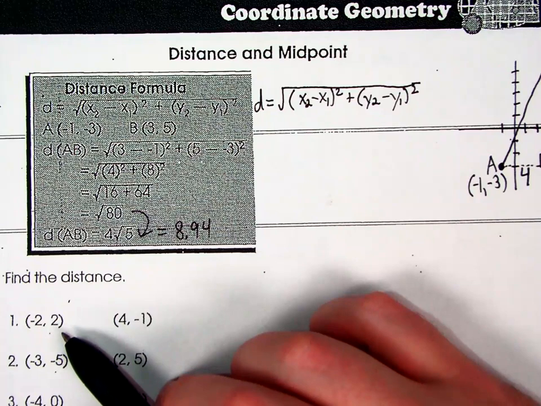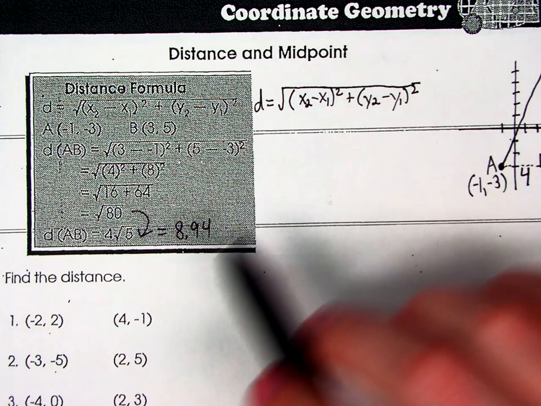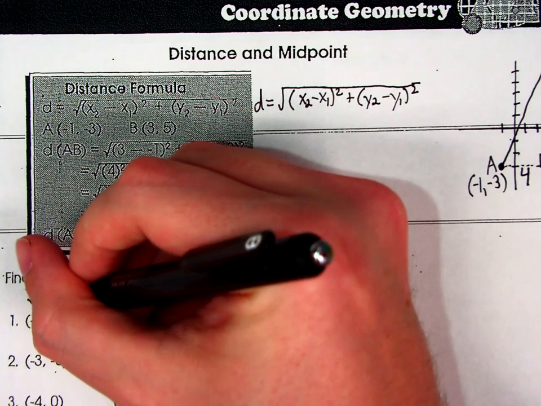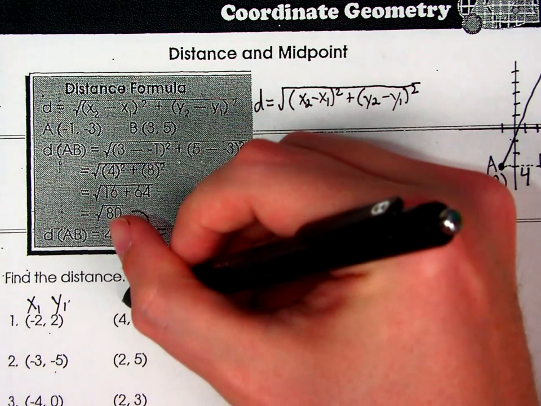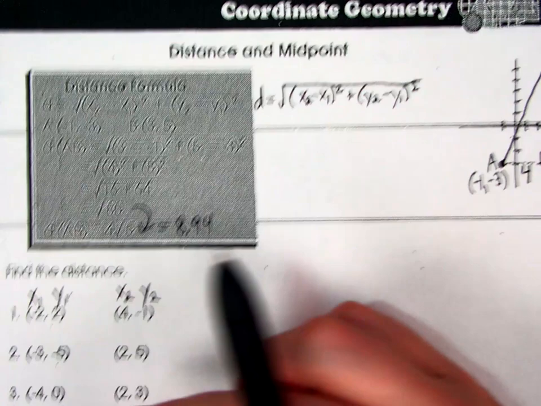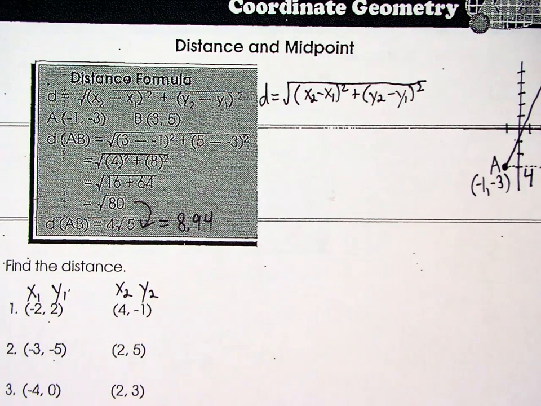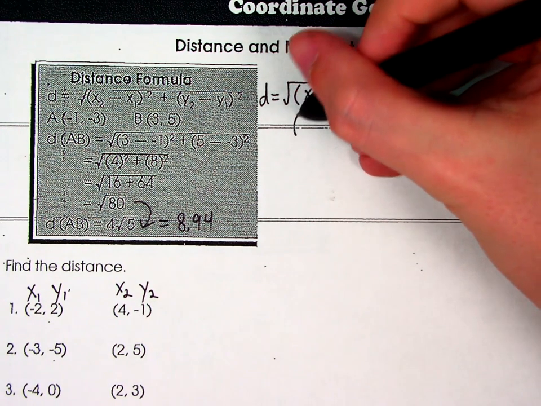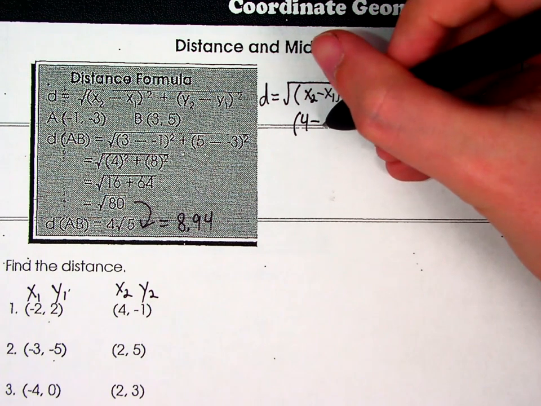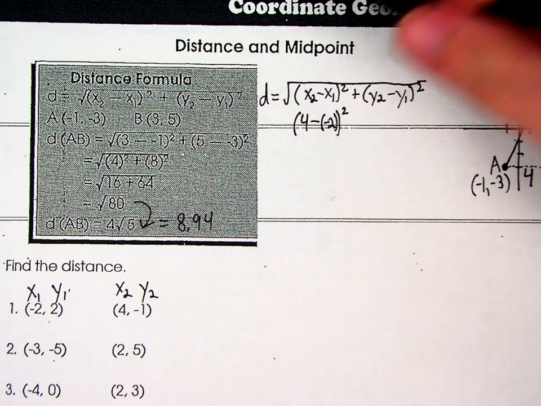Let's just find the distance between these 2 points using our formula here. We'll label these x1, y1, and x2, y2, and I'll plug these values into our formula right up here. We'll have 4 minus -2. That quantity will be squared.